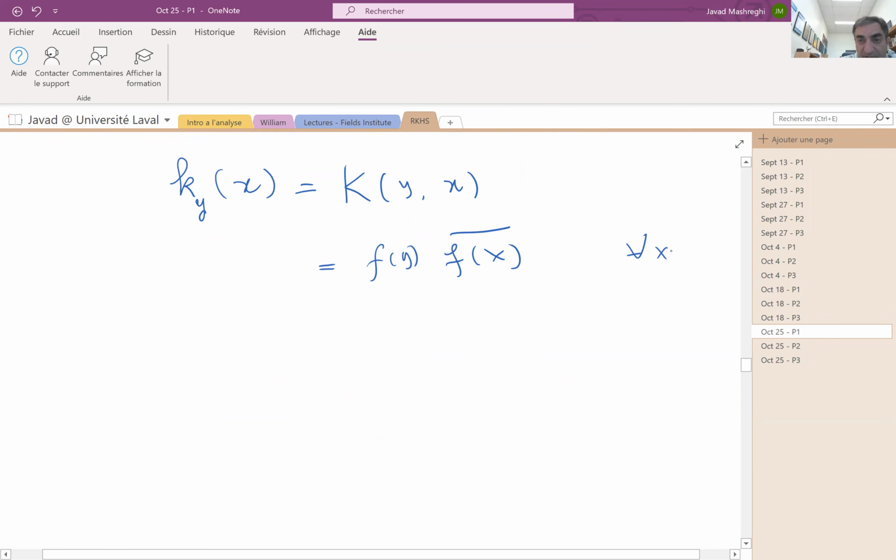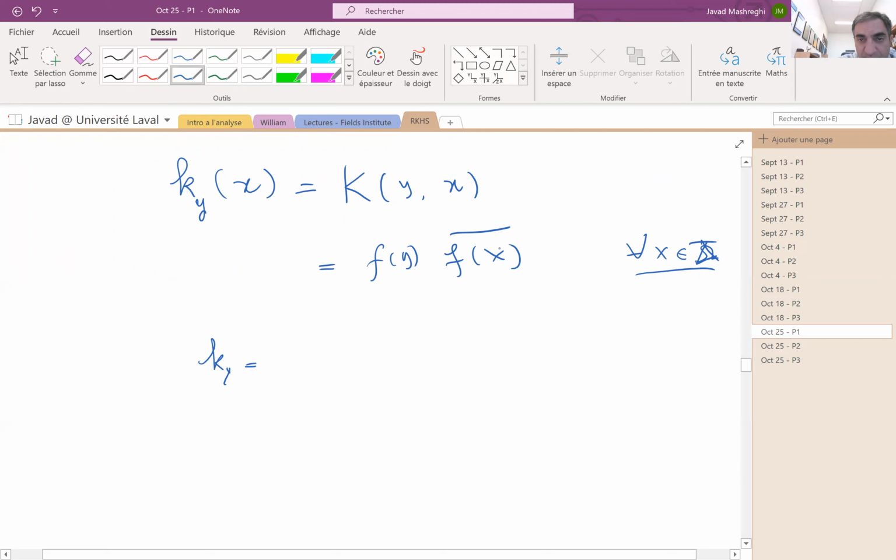This is true for every x, which comes as our argument in the space. So the same identity can be written this way. k_y is equal to a constant... No, wait a minute. There is something wrong. Oh, I see my mistake. There shouldn't be a bar on this.